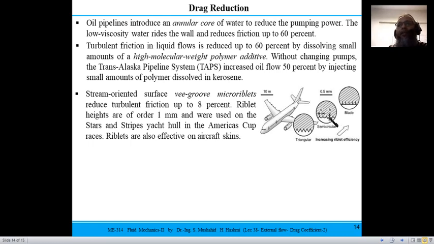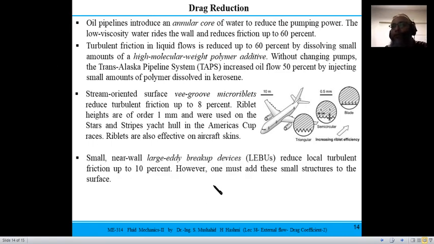These riblets are added, and that really helps in reducing the turbulent drag, because the turbulent boundary layer is disturbed by those grooves and riblets, which reduces the friction even up to 8%.